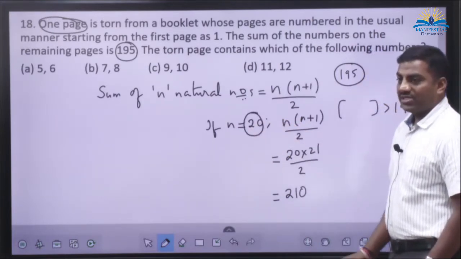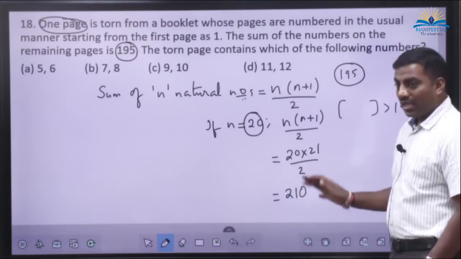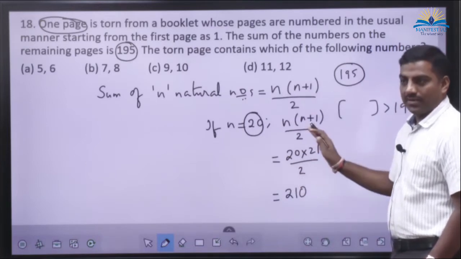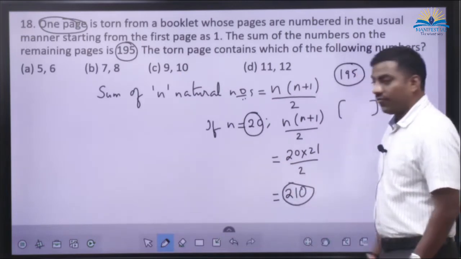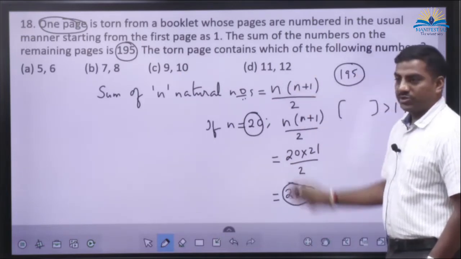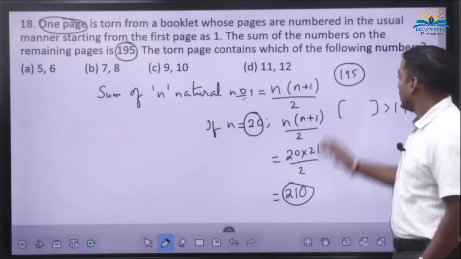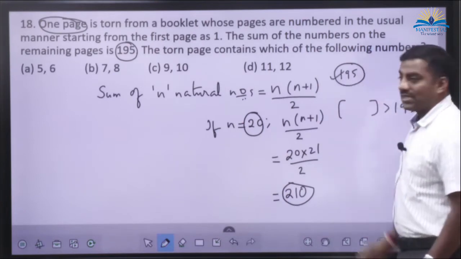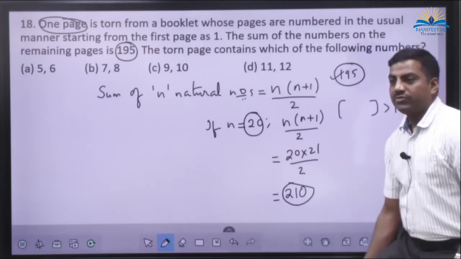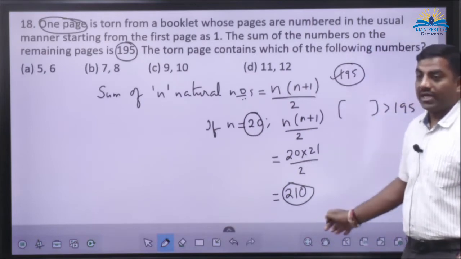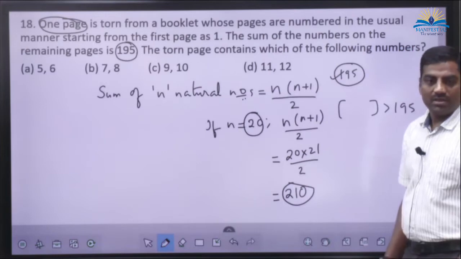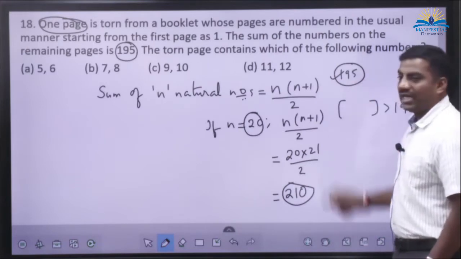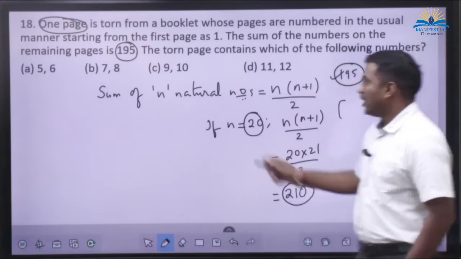So the number of pages in that book, if there were 20, the sum is 210. From this, check the given options. Our final sum should be 195. How much do we need to subtract from 210 to get 195? 210 minus 195, how much? 15.